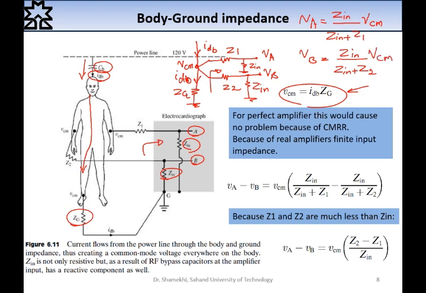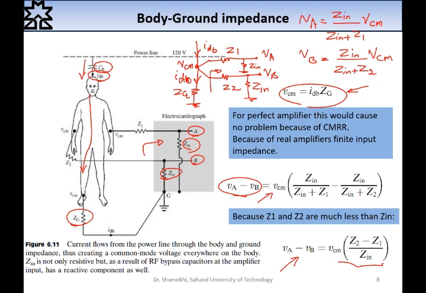Therefore, the difference between VA and VB can be rewritten as this equation. And because Z1 and Z2 are much less than Zin, you can find the difference VA minus VB as this simple term, V common mode multiplied by Z2 minus Z1 divided by Zin.